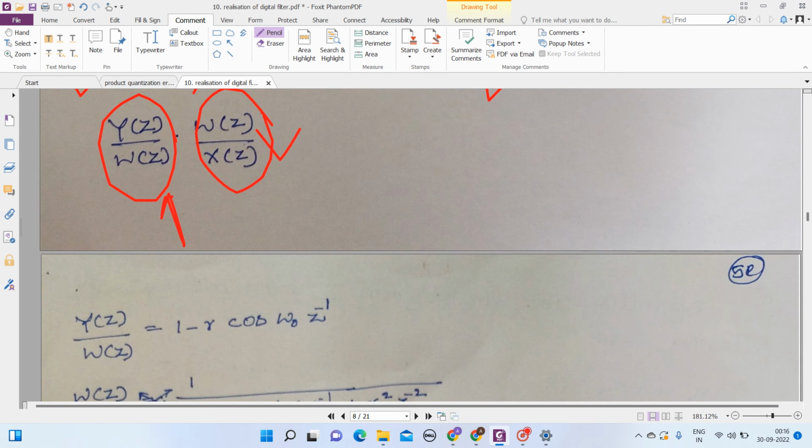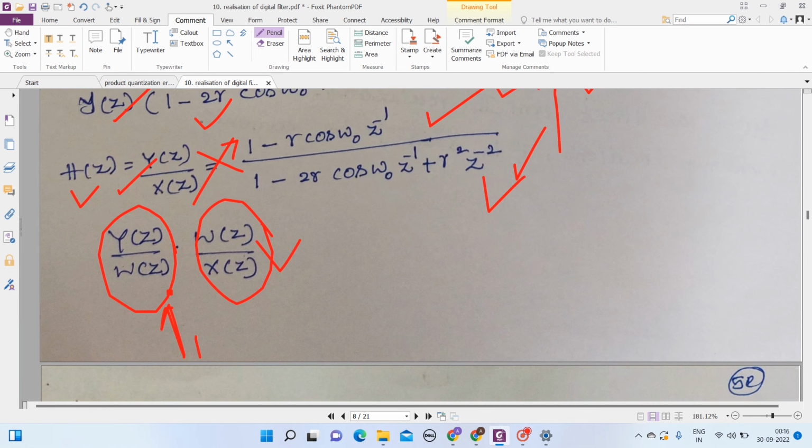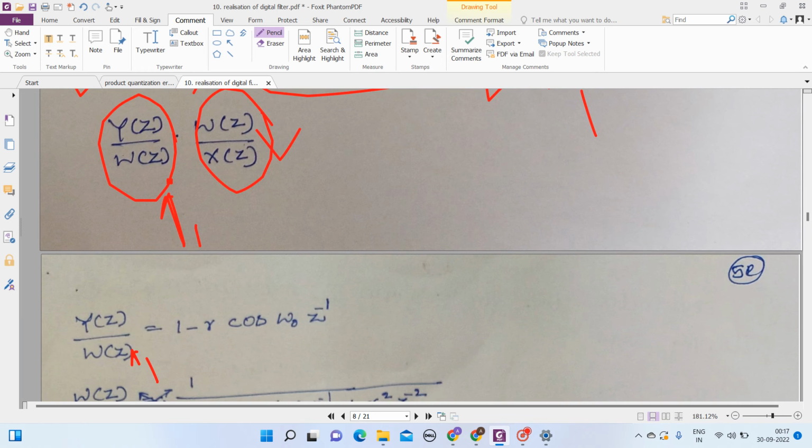As I said before, the w of z value is 1, right? So in this ratio, this value becomes 1. So y of z divided by w of z, the equation is 1 minus r cos omega naught z inverse.